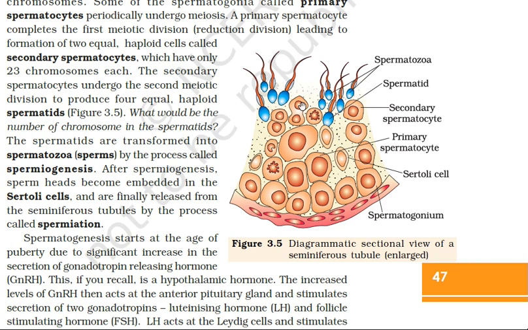First is LH, known as luteinizing hormone, which is also termed interstitial cell stimulating hormone, ICSH.